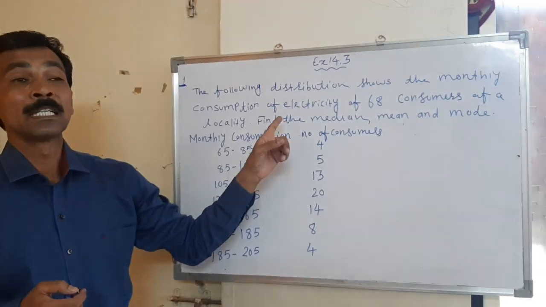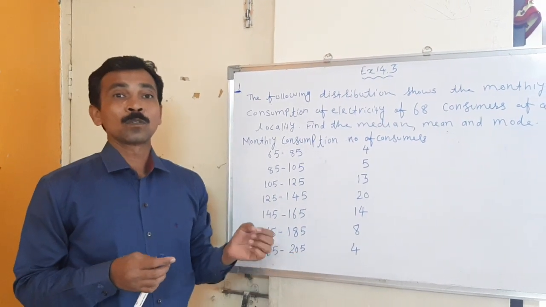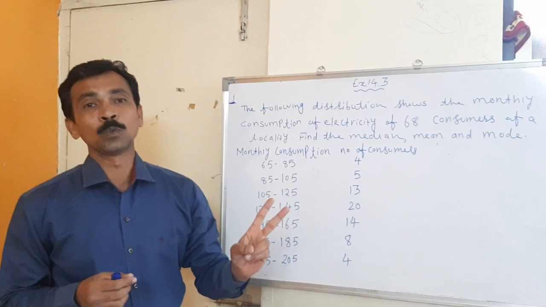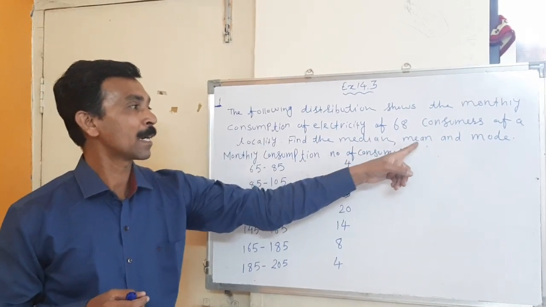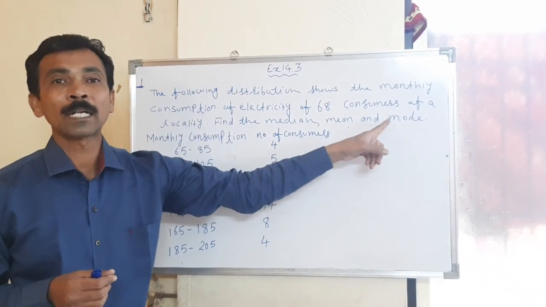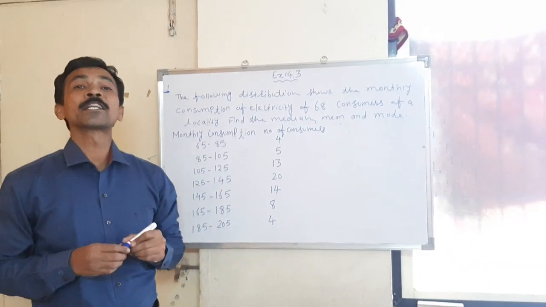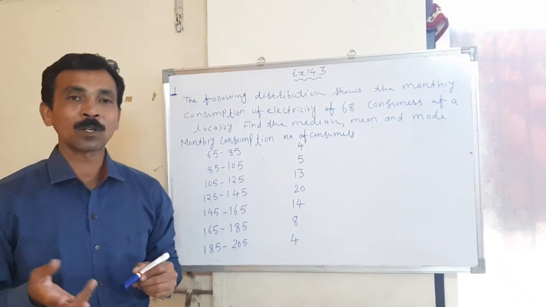If they ask you to find all three together, you have to find only two, either median and mean, or mean and mode, or median and mode. The third we find using the empirical relationship that we will see later on.